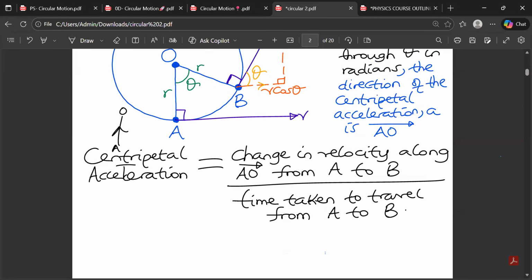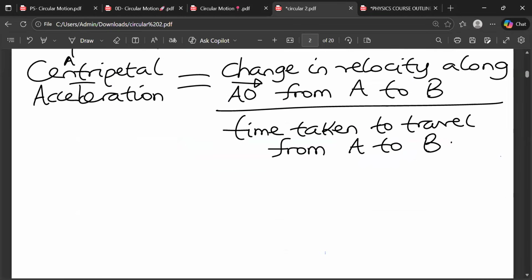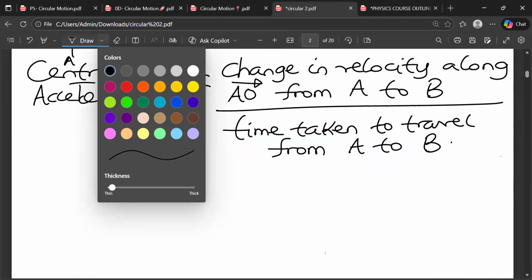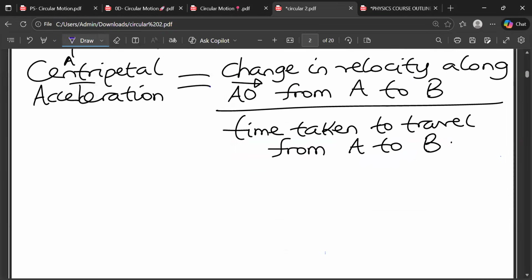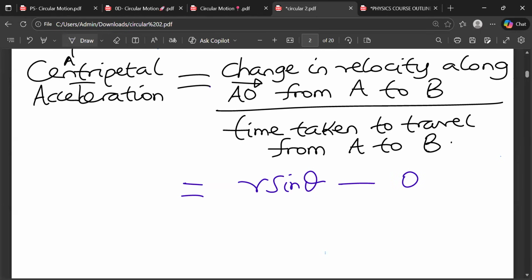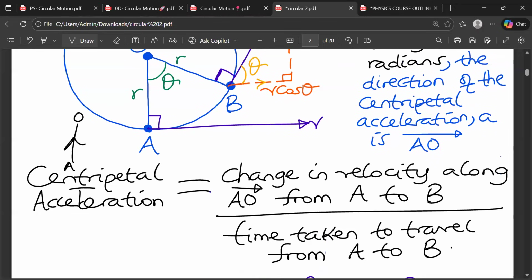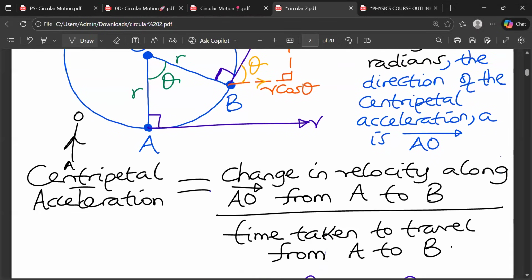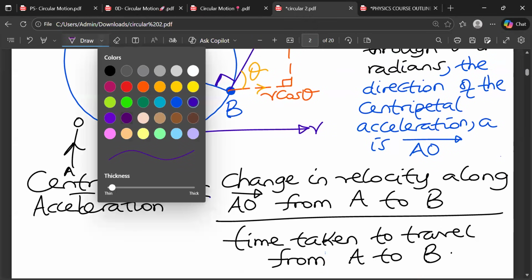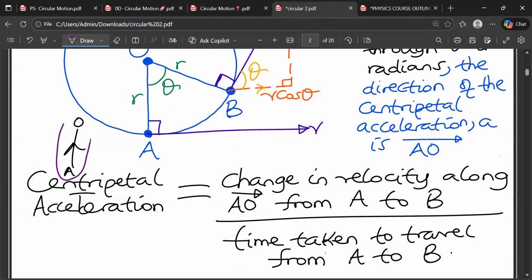So we shall come and say that the change of velocity along AO from A to B is what? V sine theta, which is the one at B, minus 0, which is the one at A. And we have said we are considering vertical components. The other thing that can help you recall is that the direction of the acceleration is AO.